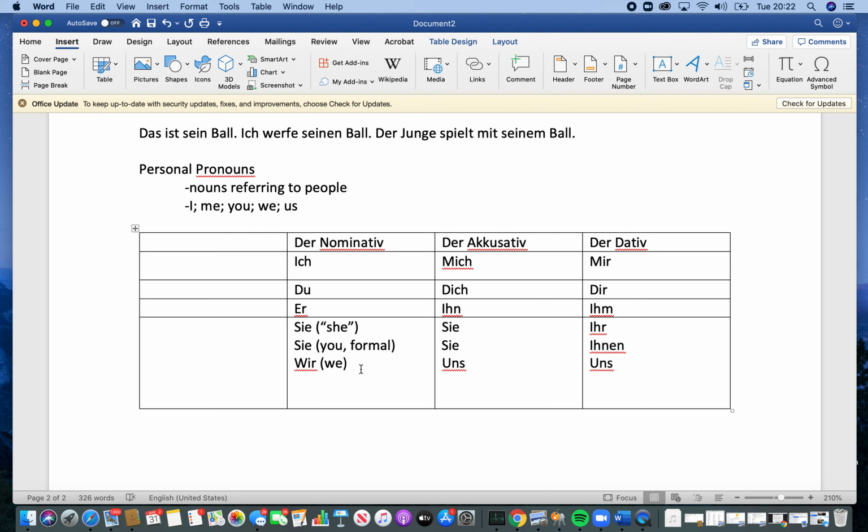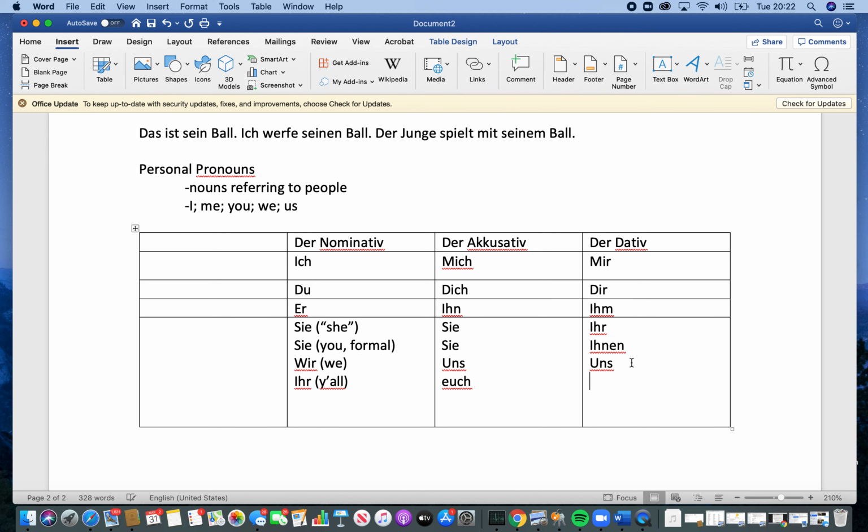We have the ihr, ja. Euch. Euch. So we've got these two that are staying the same between accusative and dative.